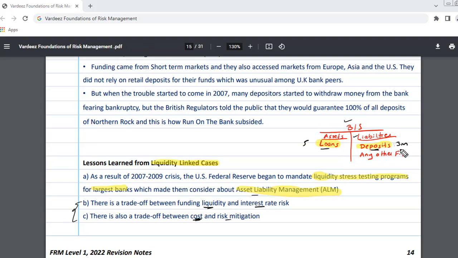You can manage interest rate risk well because interest rate fluctuations will not have much effect on the liabilities. On the other hand, the liquidity risk is significantly higher. These are short-term funding sources, and this can probably give rise to liquidity risk. So there is a trade-off here as well. These are the lessons that we need to appreciate from the liquidity linked crisis.